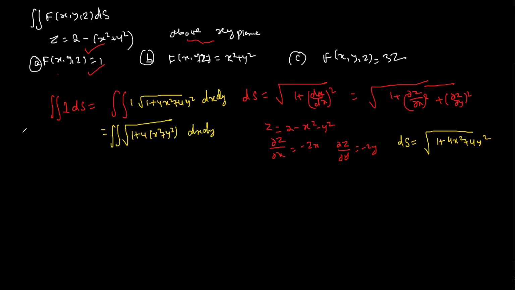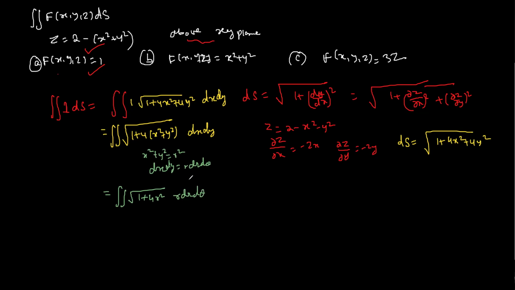I told you, whenever you get x square plus y square somewhere, always try to solve using polar form. So x square plus y square is equal to r square, dx dy is equal to r dr d theta. The integral is square root of 1 plus 4 r square, r dr d theta.